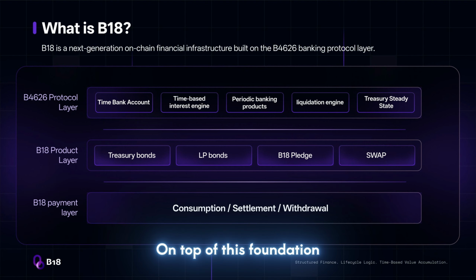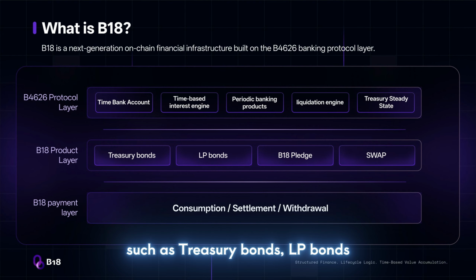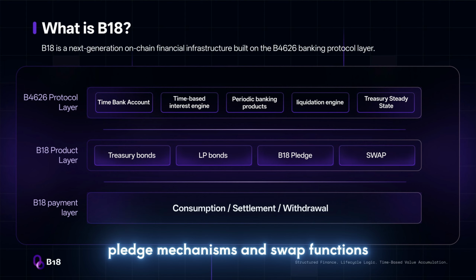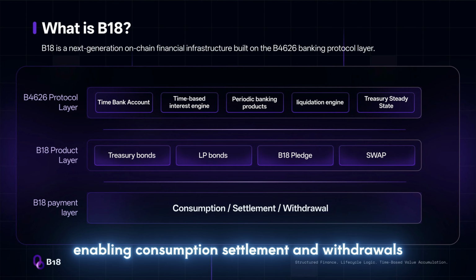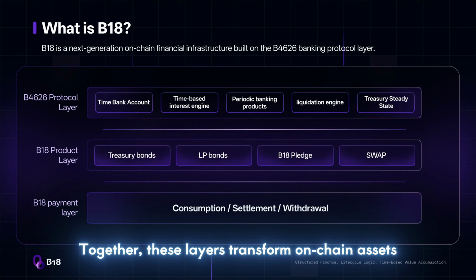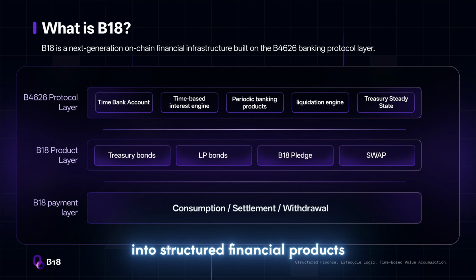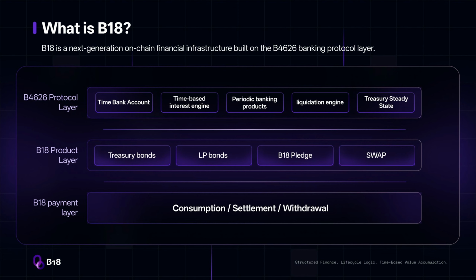On top of this foundation, the product layer structures financial instruments such as treasury bonds, LP bonds, pledge mechanisms, and swap functions. These products connect directly to the payment layer, enabling consumption, settlement, and withdrawals. Together, these layers transform on-chain assets into structured financial products with real-world usability.